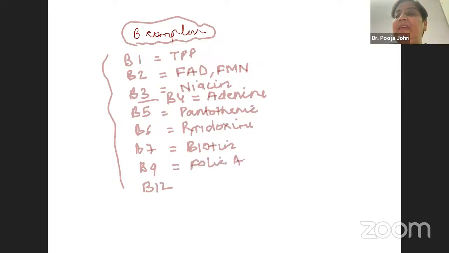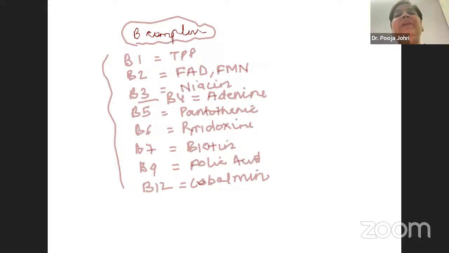And B12 is cyanocobalamin or simply cobalamin. So vitamin B4 is adenine. Got my point? Right? So these were the three queries which were asked by you people. Okay. And if you guys have any problem, you can ask me now also.